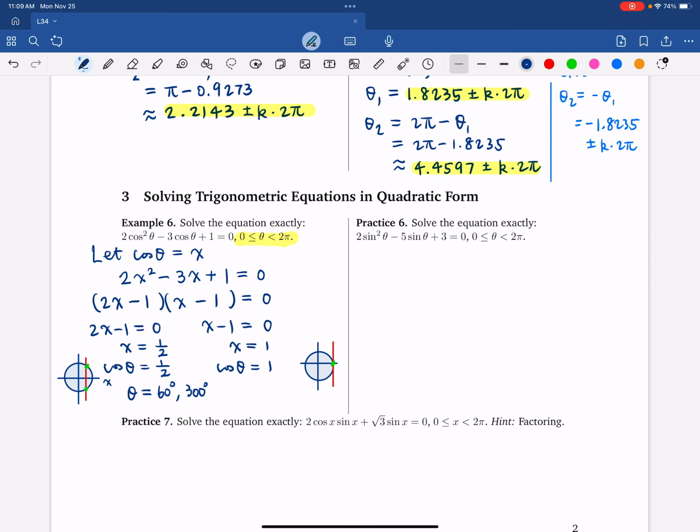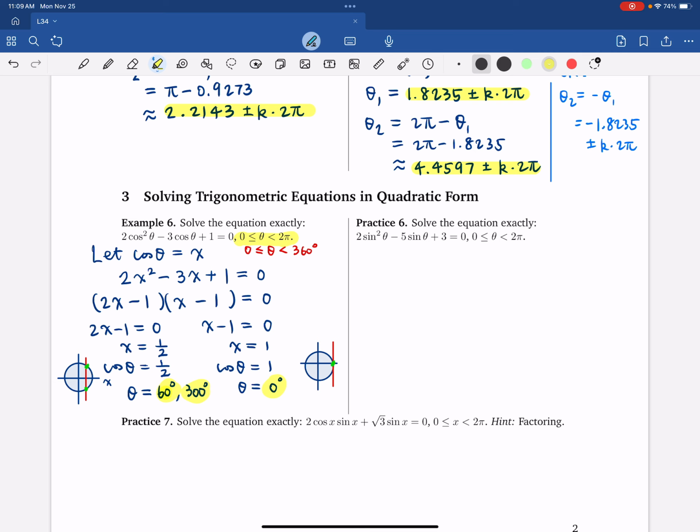We don't do 360 because the restriction is 0 less than or equal to theta less than 360 degrees, which means you cannot be 360, but we are able to say 0. So theta could also be 0 degrees. And we have three solutions right here: 60 degrees, 300 degrees, and 0 degrees.